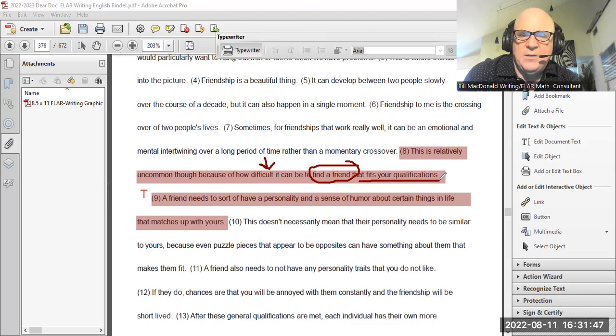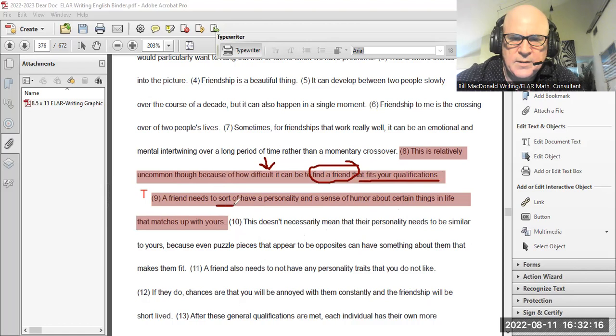A friend needs to sort of have a personality and a sense of humor about things in life that matches up with yours. So, according to this author, they need to say, okay, a friend that meets my personality. What were some of the key words that we can focus in on?